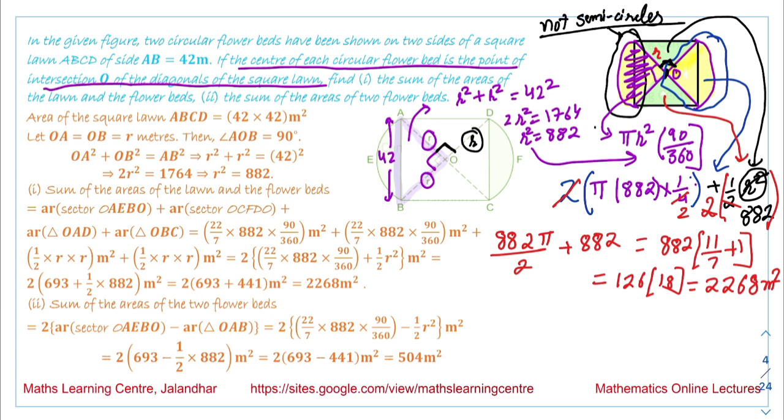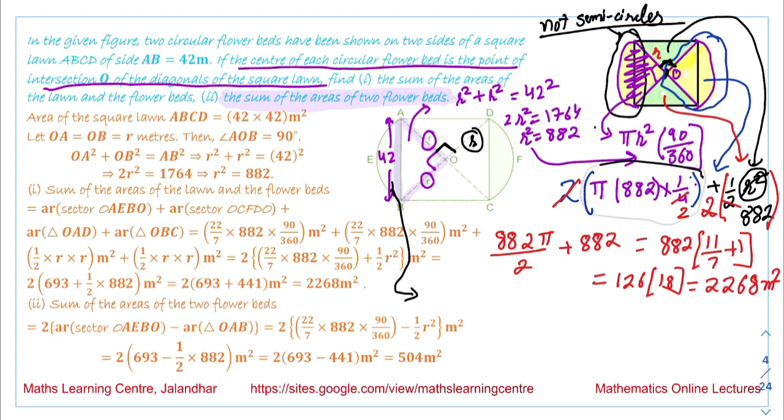Second thing we have to calculate is the sum of the areas of 2 flower beds. So the area of one flower bed, this flower bed, suppose we are talking about, its area will be the area of the sector we have calculated.